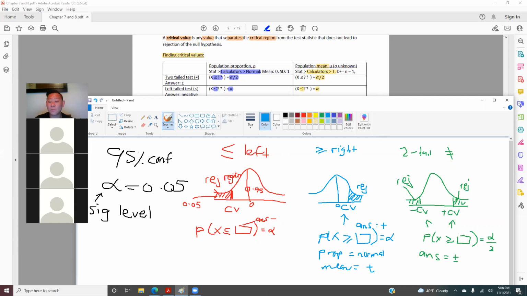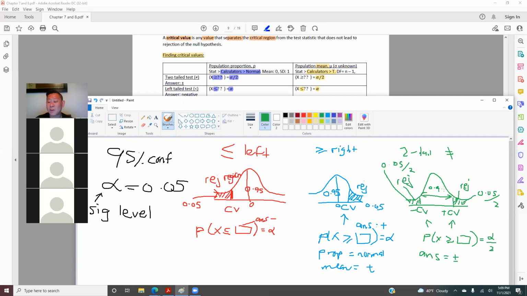The same thing happens on the right tail: there is 5% on the right side, so everything on the left side is 95%. For a two tail, this has to be divided by 2, so the 5% is divided by 2. That's why we use alpha divided by 2 here. That means the middle is the 95%.